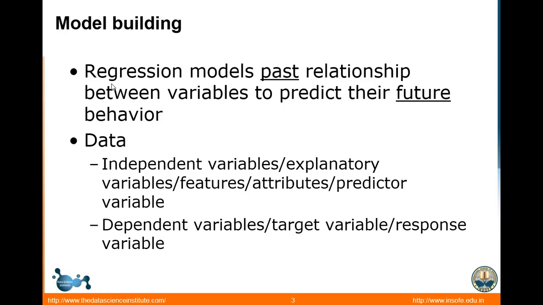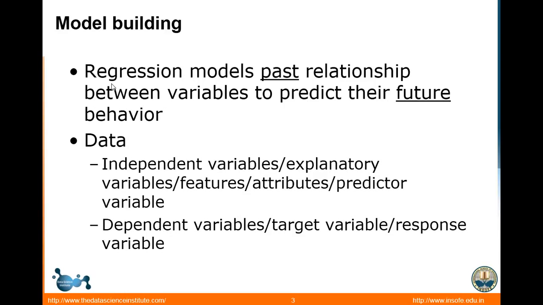Now let us understand the terminology. We have data and there are either independent variables or dependent variable. So in the data we always have only one dependent variable and several independent variables.